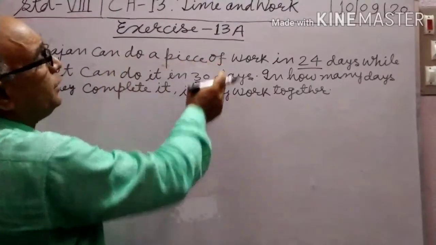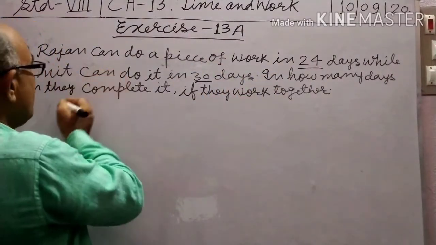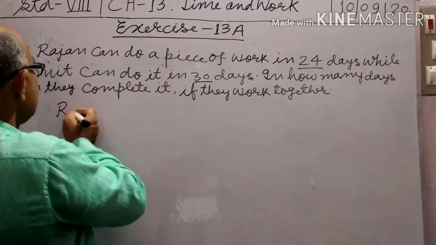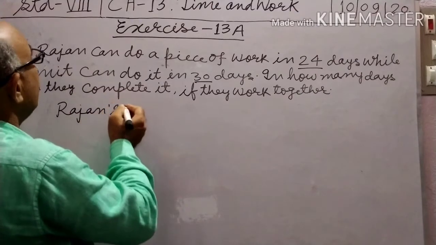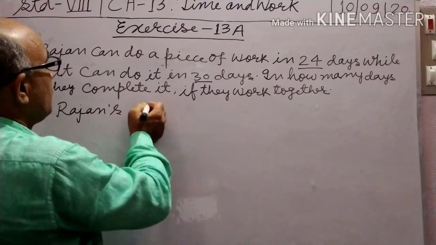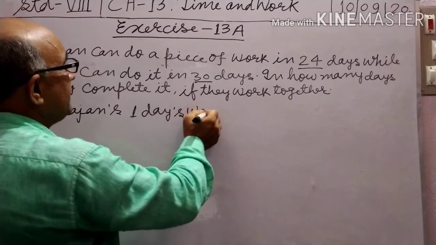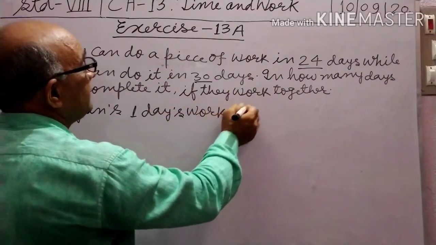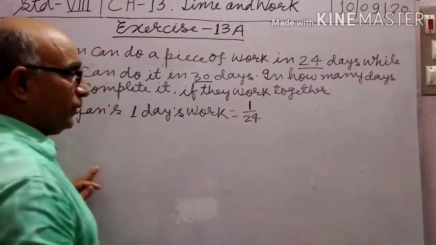Students, Rajan can do a piece of work in 24 days. So Rajan's 1 day's work equals 1 by 24.